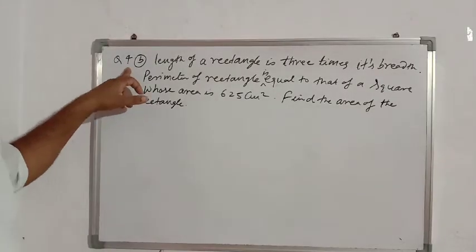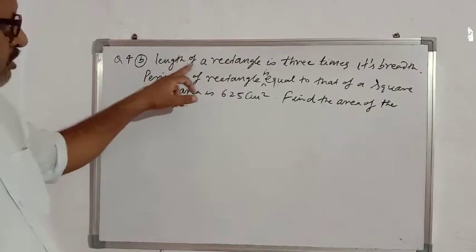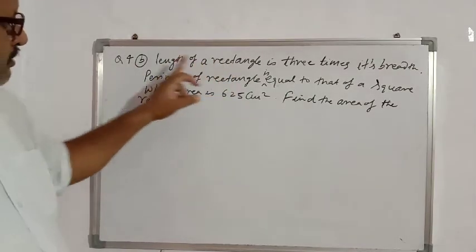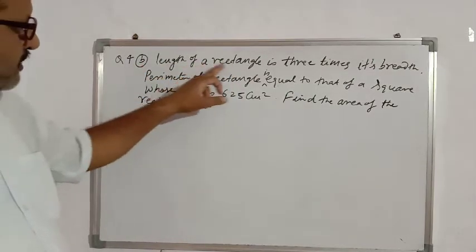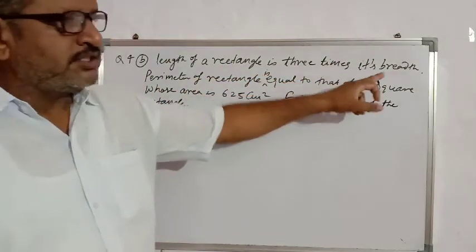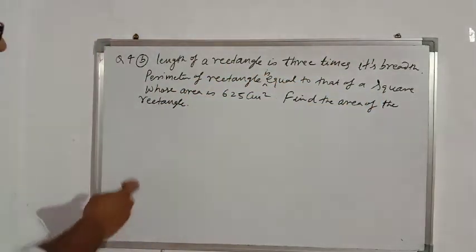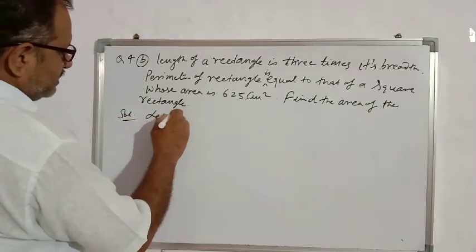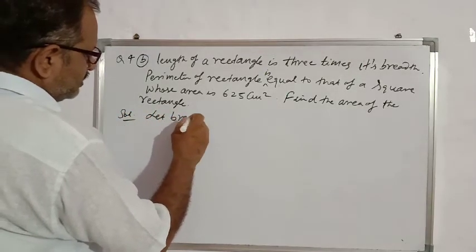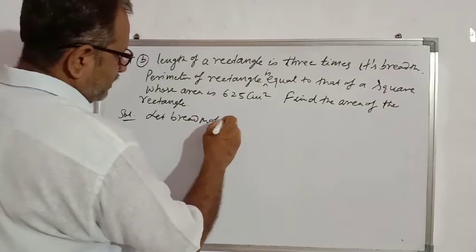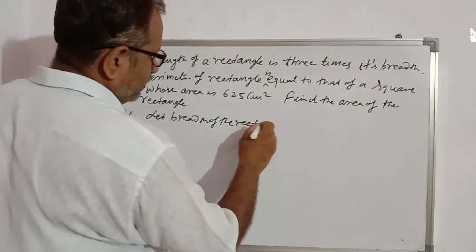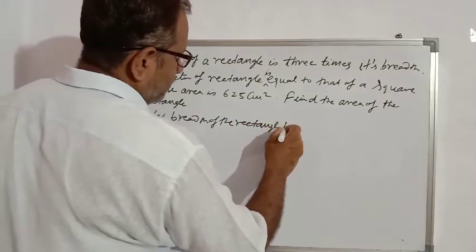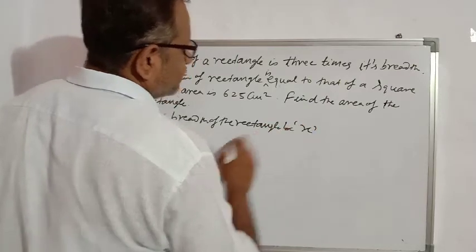See question number 4, B part. Length of a rectangle is 3 times its breadth. So we will suppose, let breadth of the rectangle be x.